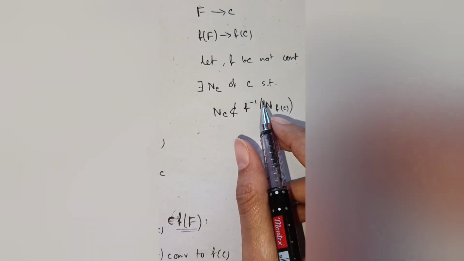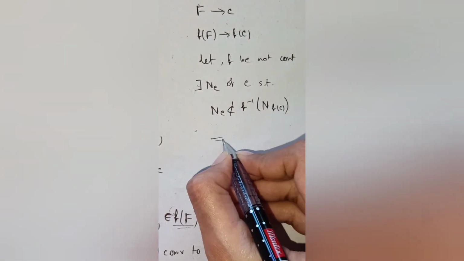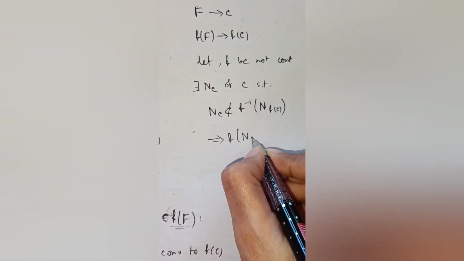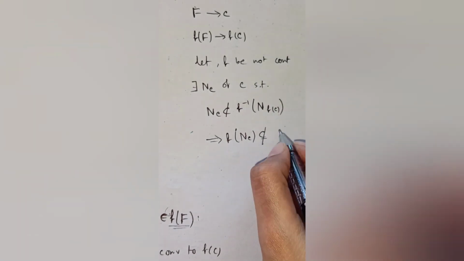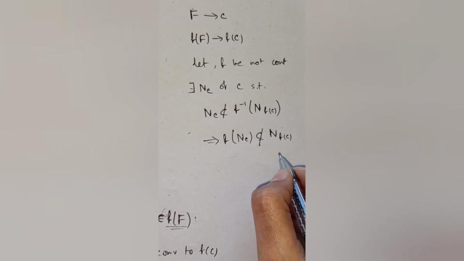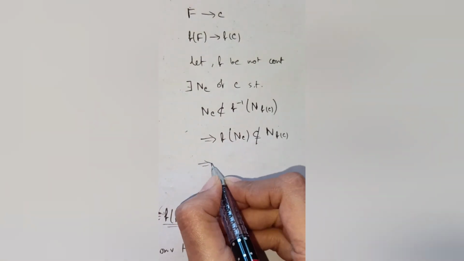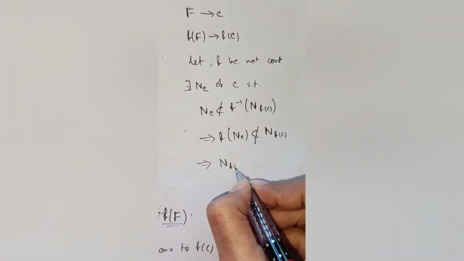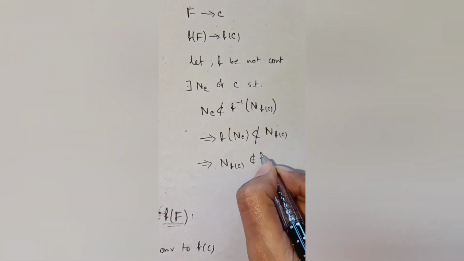So f of N is also not contained in N of f(c), which implies that N of f(c) does not belong to f of F. Why?